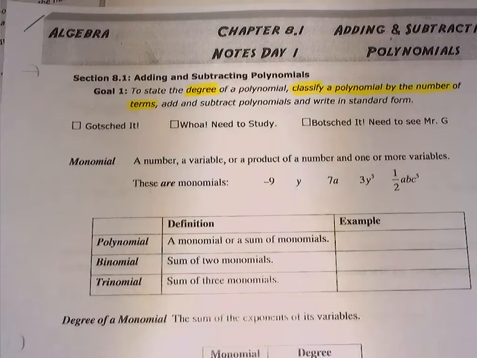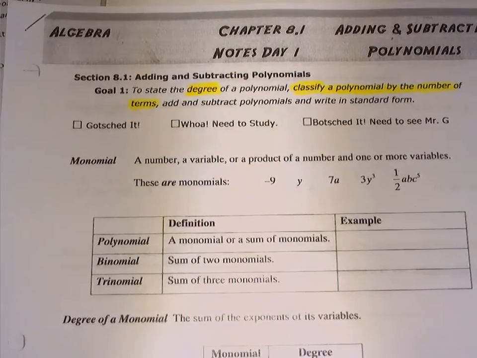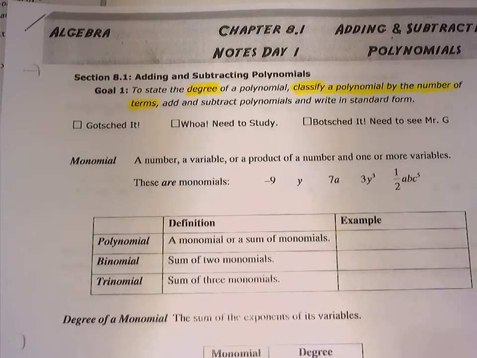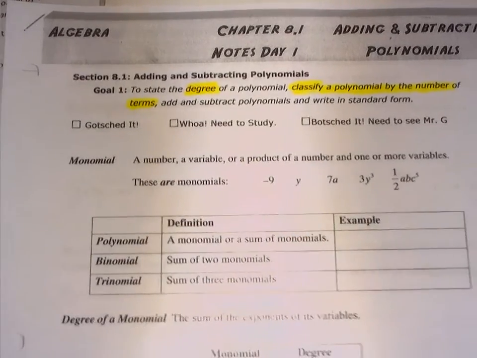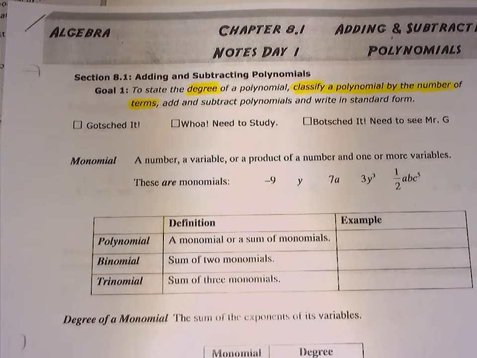First things first, a monomial. A monomial is a number, a variable, or a product of a number and one or more variables. These are all monomials, like the number -9. Have you guys heard of mono before? Mono, the root word of monomial, means one, as in one term.